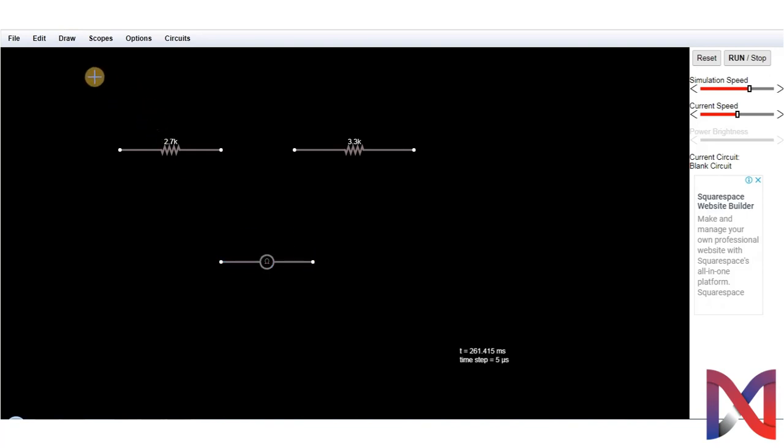Place it here. Now connect the total circuit with wires. You can see that our equivalent resistance is 6 kilo ohm. It was also the same in calculations.